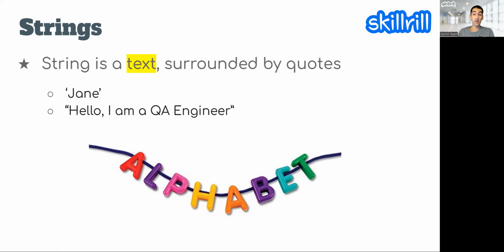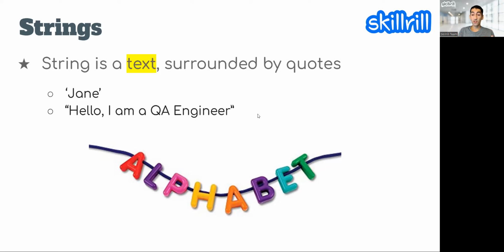Or the price of a product would not be a string, because again we're talking about numeric values. But going back to strings, it's text surrounded by quotes. Now in Python, it can be either single quotes or double quotes, so it doesn't really matter. There are special circumstances where you're going to need to use them together, and I'll show you that example as well.